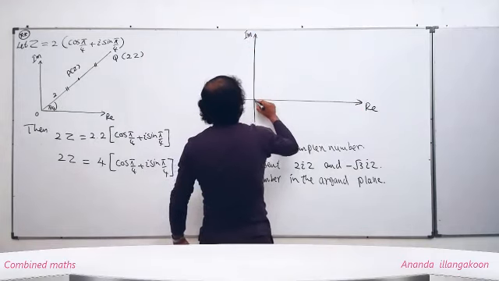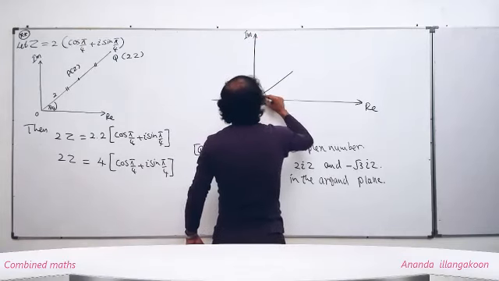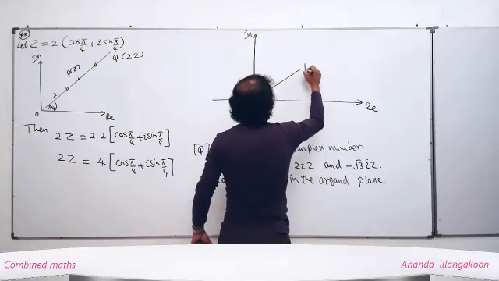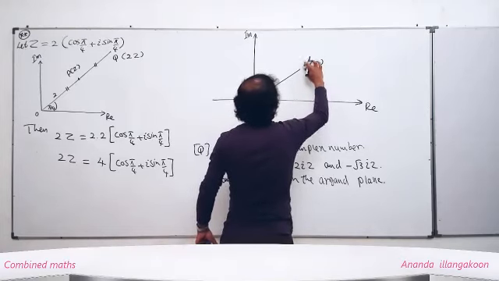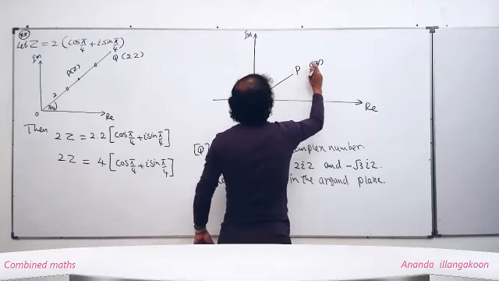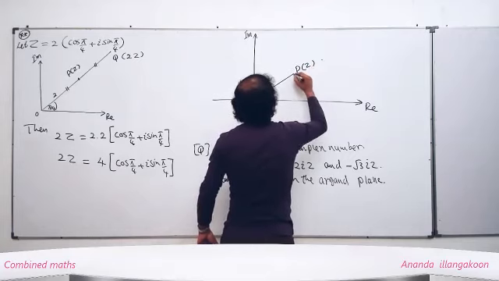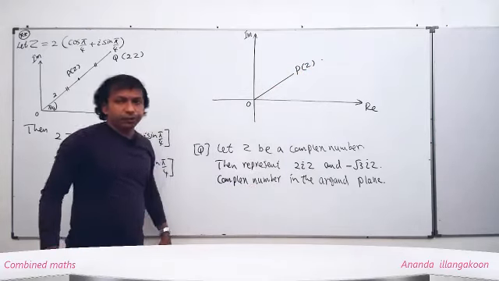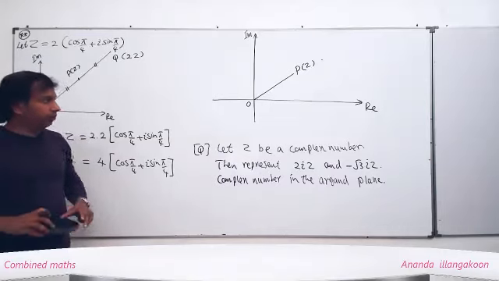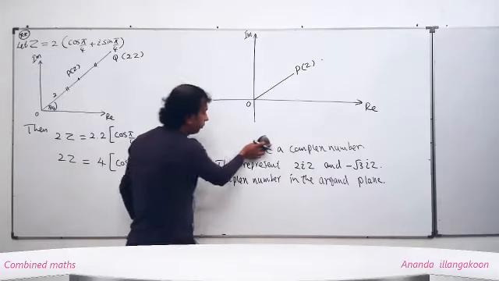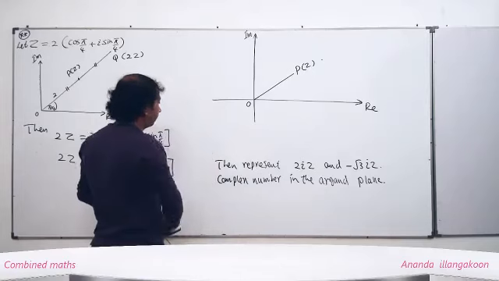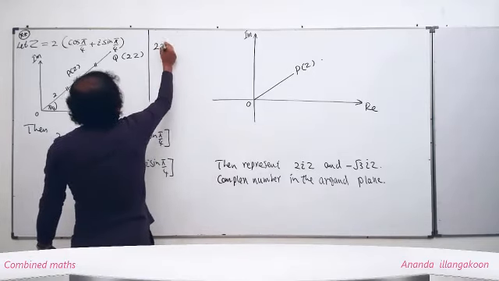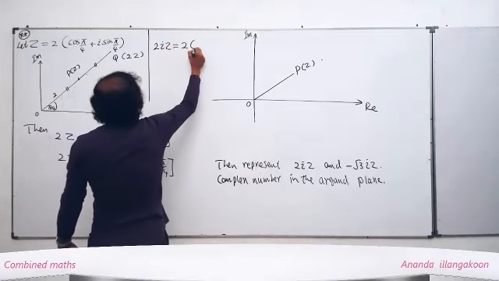Let this be the complex number Z. The corresponding line segment is this. Right. Now I am going to first mark 2iZ. People, I can think the 2iZ complex number like this: I can consider 2 times iZ.